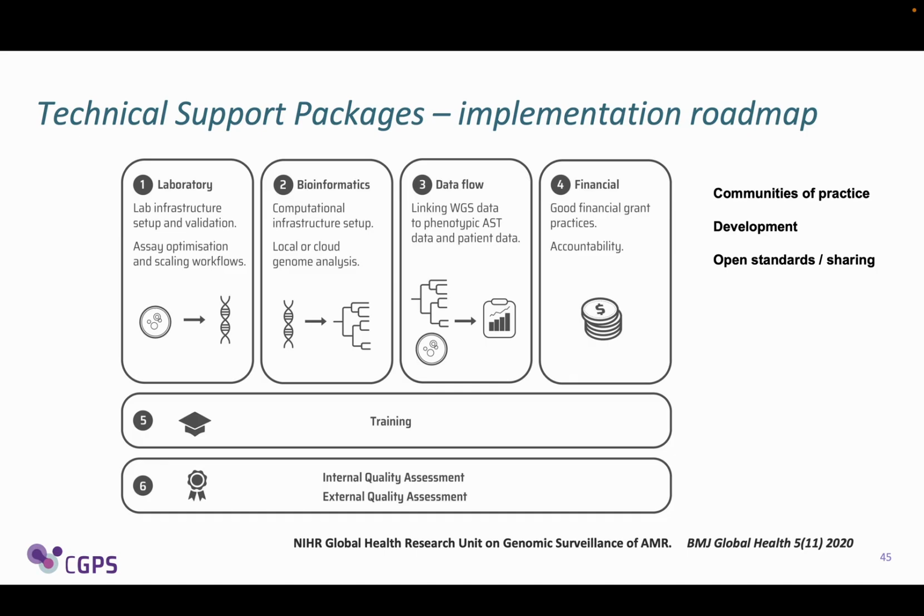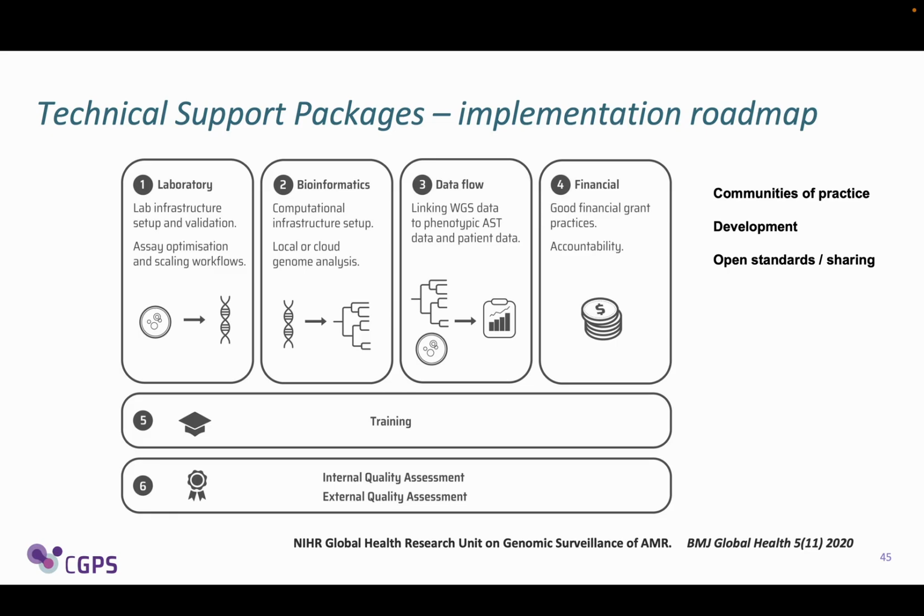So within the Philippines and across the GHRU, technical support packages were developed around placing a genome sequencer into a lab. What are the standardized SOPs across the 4 countries that would enable DNA extraction to be done in a standardized fashion, AST testing in a standardized fashion? What are the standard bioinformatics processes that need to be used to pull out information from any genomes that are developed?